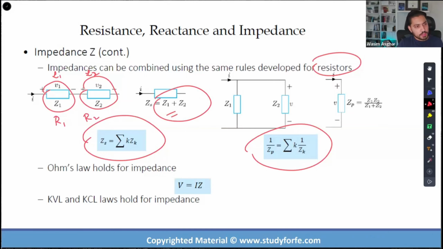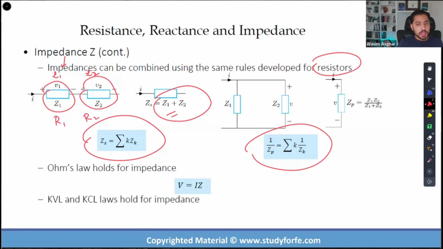R1 plus R2 plus R3 plus R4 up to Rn. Inductance, which does not have the same unit as resistance or impedance, it is Henry. I'm going to discuss that briefly. L1 plus L2 plus L3 plus L4 up to Ln.